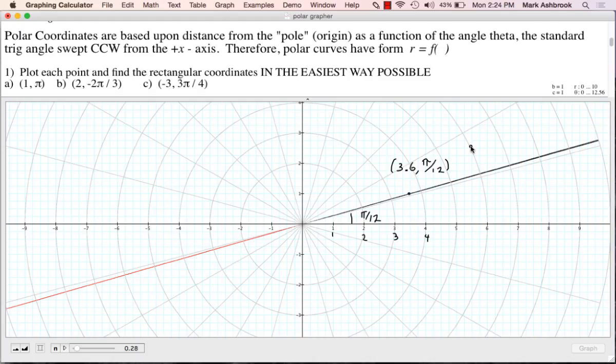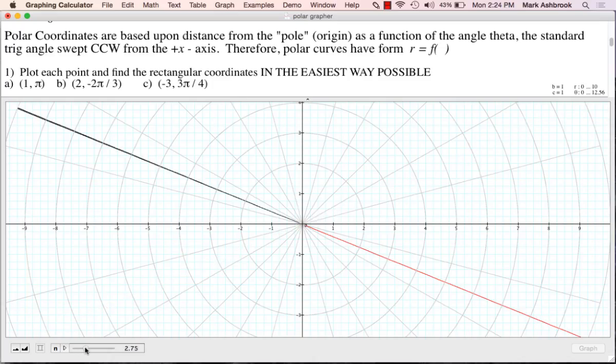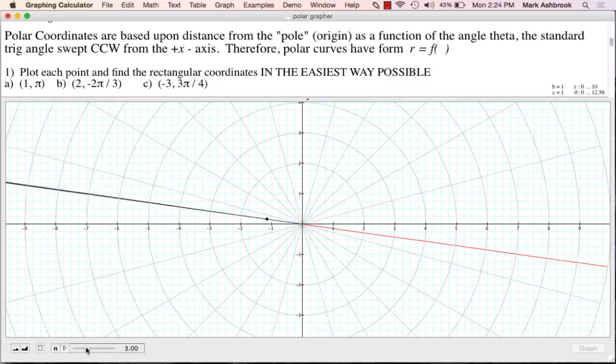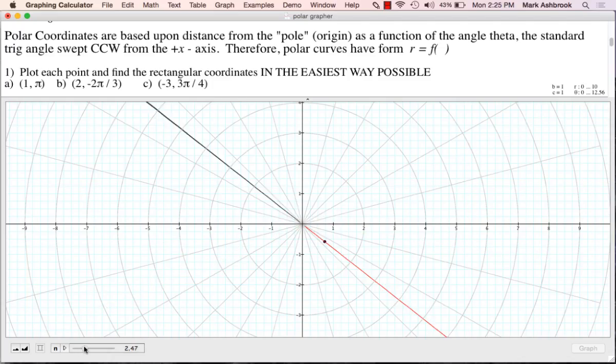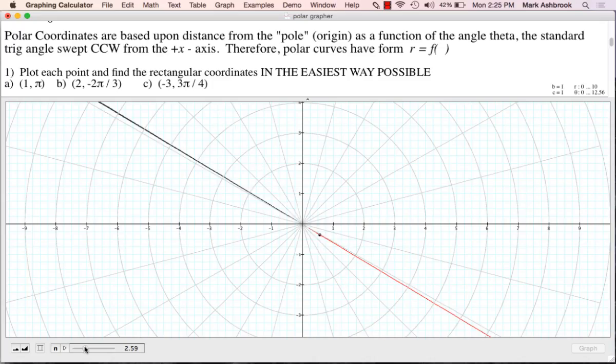Okay, so let's do another one over here. So notice here, what's this angle measure? This angle measure is 5 pi over 6.